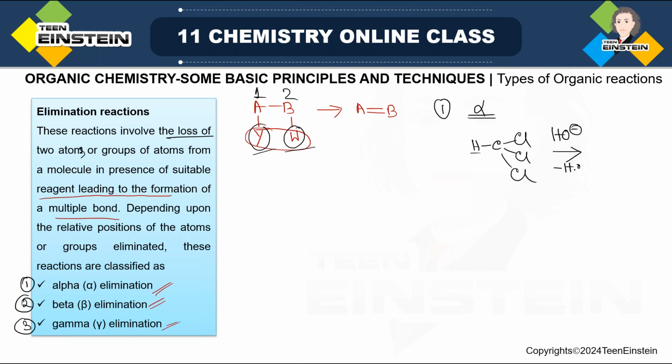There will be ultimate removal of HCl. That is the net reaction I am talking about. First H will be removed, then Cl. But the net removal is H and Cl. Now this removal of H and Cl is happening from a single carbon atom, right? And that is why it is under the heading of alpha elimination.